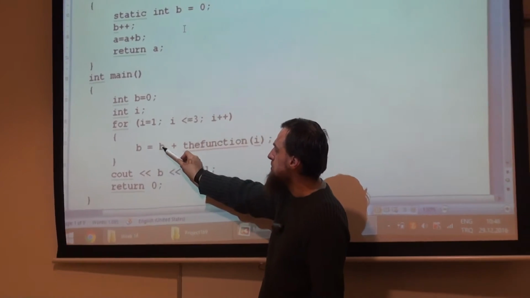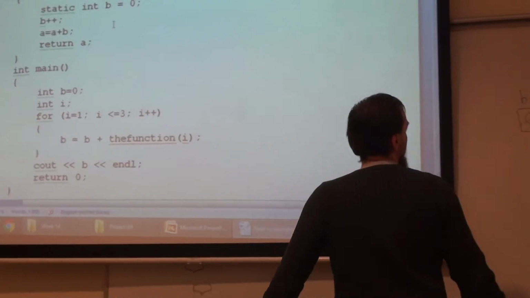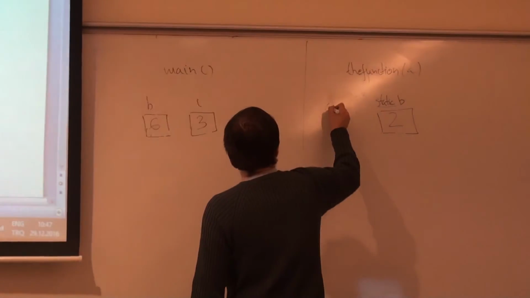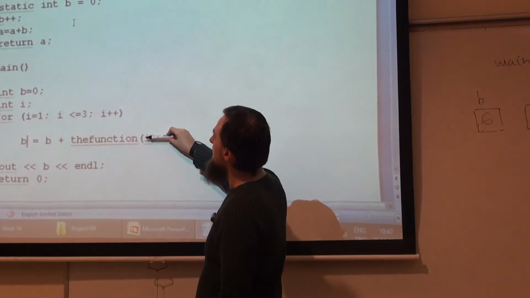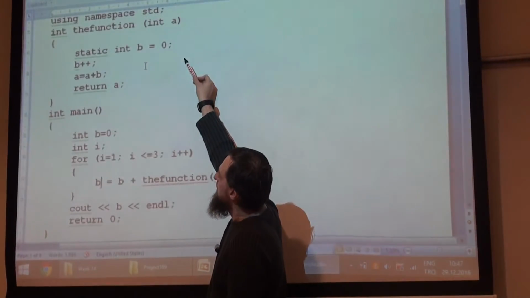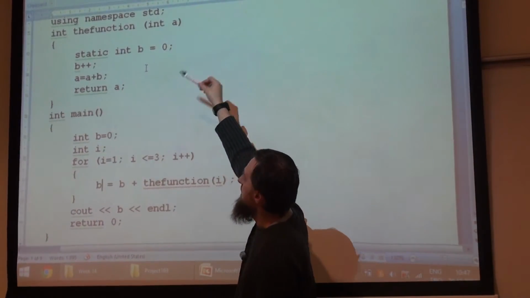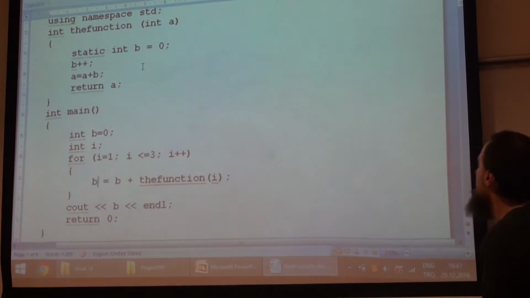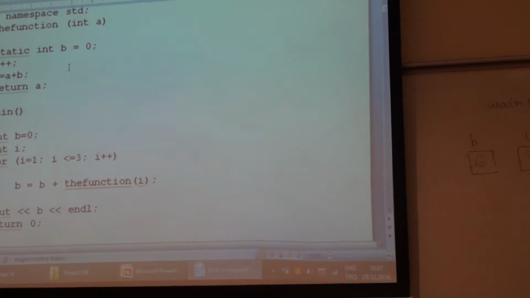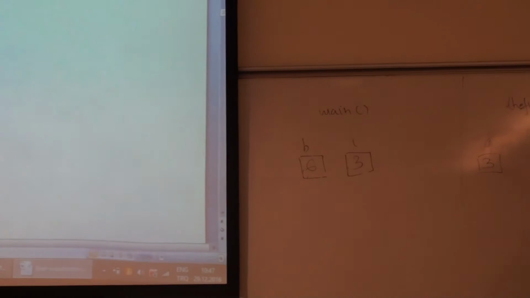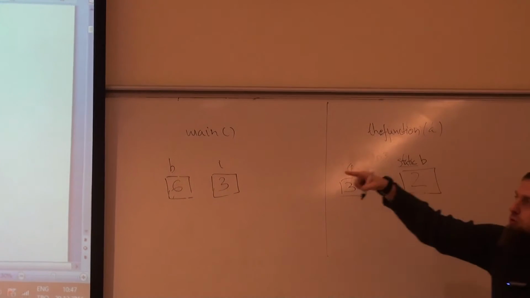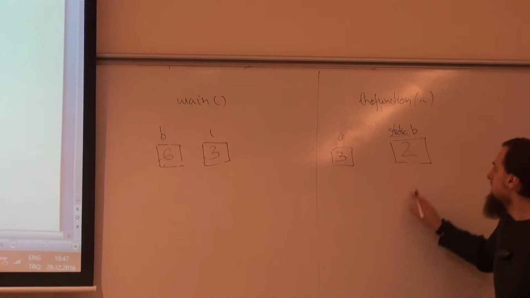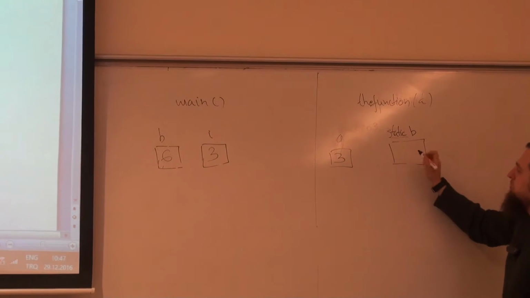We say b is equal to b plus the function of I. I is 3. So a in the function, it's called I here, it's a there, is going to be 3. A is 3. We don't execute the first line. We have a static integer b. We go to the second line, b plus plus, meaning b is going to become now 3.